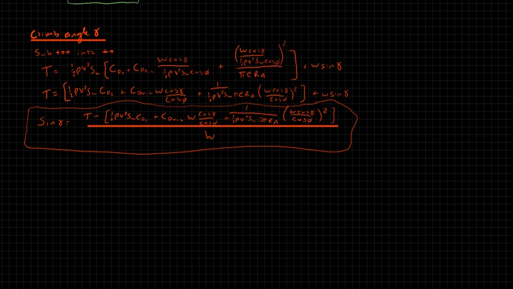But if you'll recall, the climb rate, which I'll do in yellow, climb rate VC, the climb rate is just V times the sine of the climb angle. So VC equals V sine gamma.